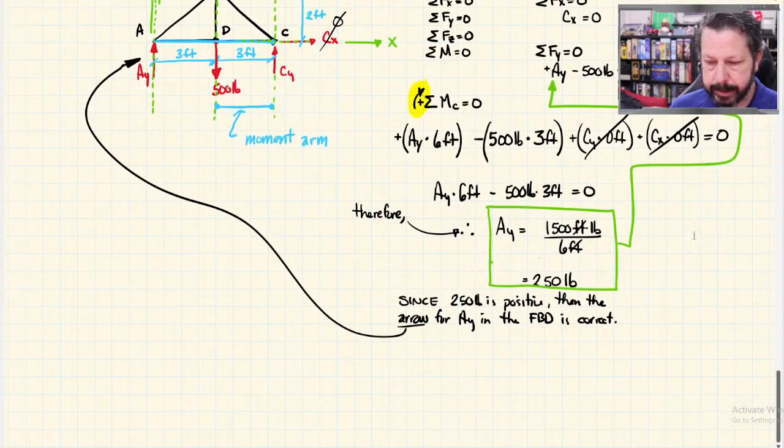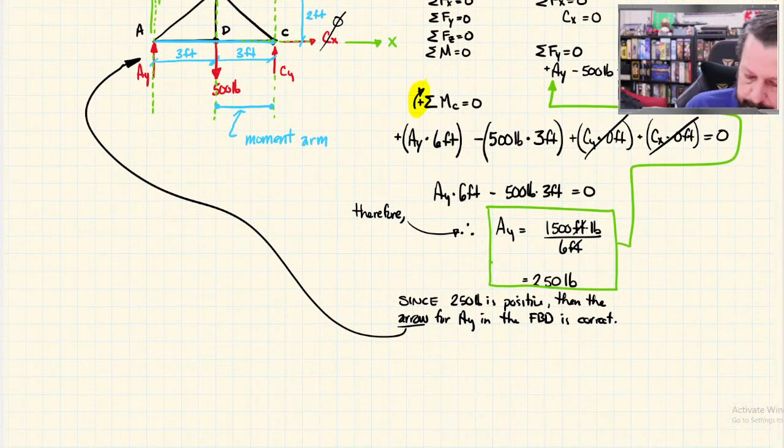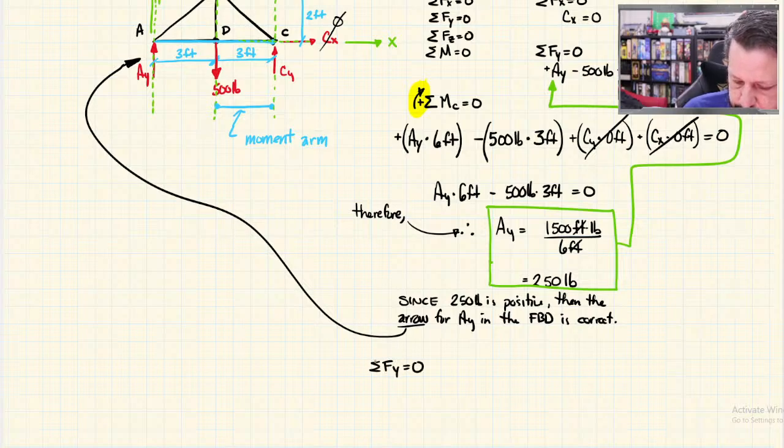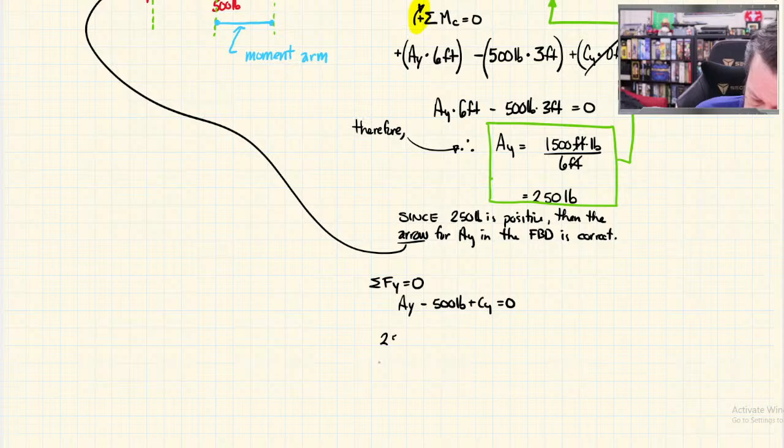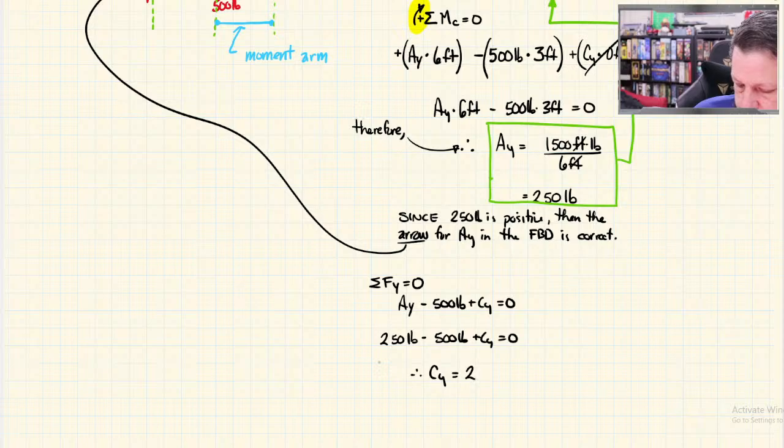So I have summation of forces in the y direction equals 0. We had written AY minus 500 pounds plus CY equals 0. I just found out that AY is 250. So 250 pounds minus 500 pounds plus CY equals 0. Therefore, CY also equals 250 pounds.